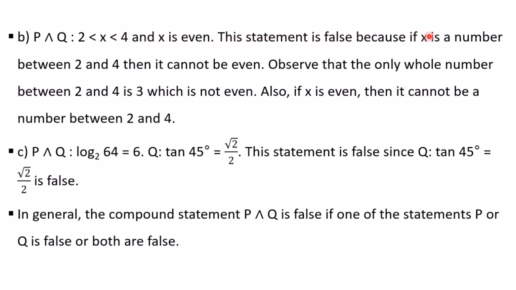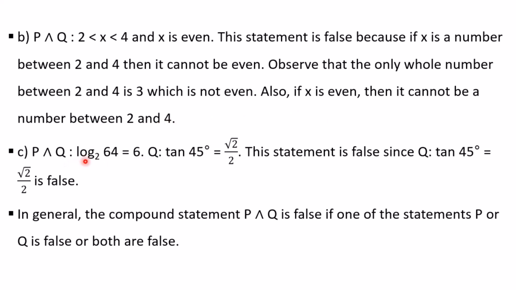The statement is false because if S is a number between 2 and 4, then it cannot be even. Rather, 3 is between 2 and 4, and this 3 is not an even number. Observe that the only whole number between 2 and 4 is 3, which is not even. Also, if S is even, then it cannot be between 2 and 4.